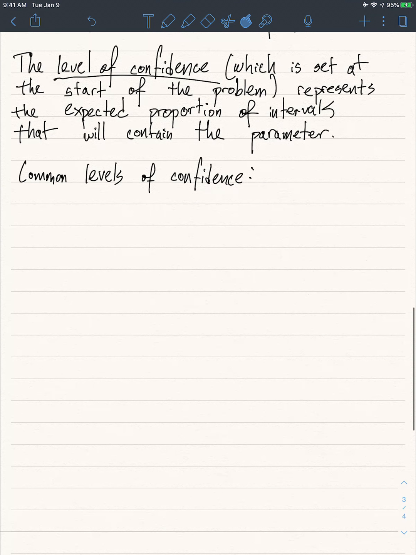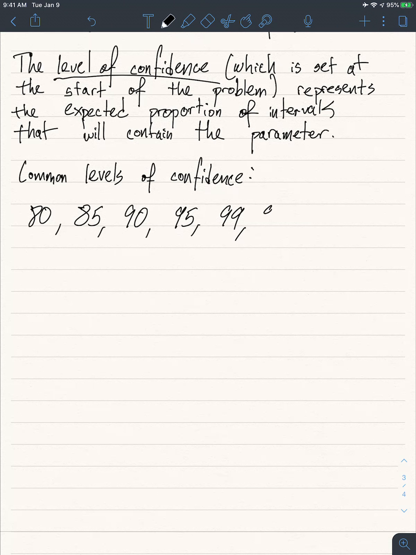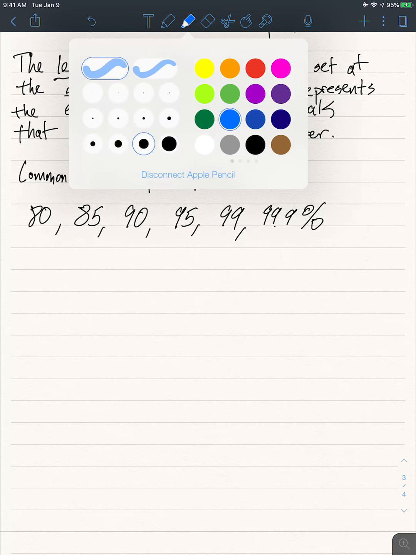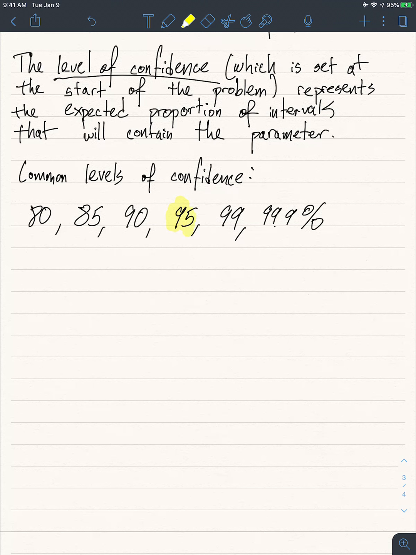But some common levels of confidence that I've seen are 80, 85, 90, 95, 99, and 99.9, and those are all percentages. These are some common levels of confidence you would see in real life, and specifically 95 is the big one. That's everywhere. You'll see that in a lot of places.